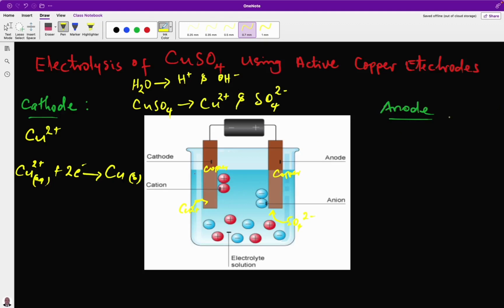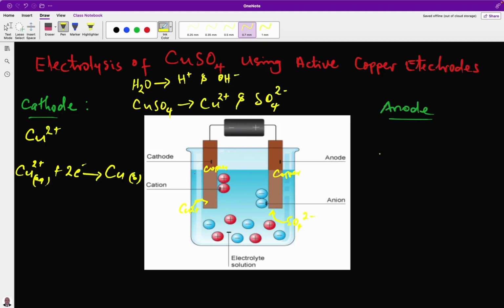On the other hand, at the anode, the sulfate has gone to the anode. But remember, they are active copper electrodes. The anode is made of copper. So for that reason, the copper will break down to what?